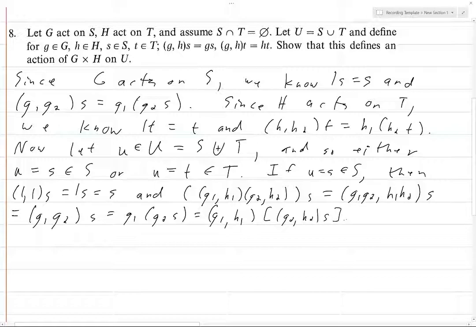And that last one is because G2, H2 on S is obviously going to give us G2S, which is going to be in S.